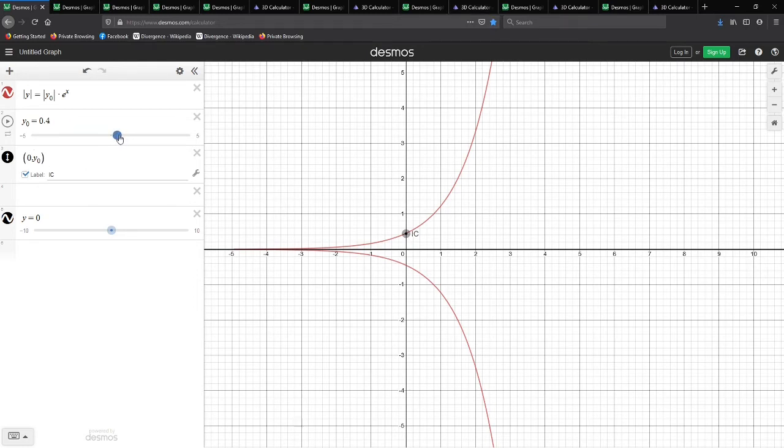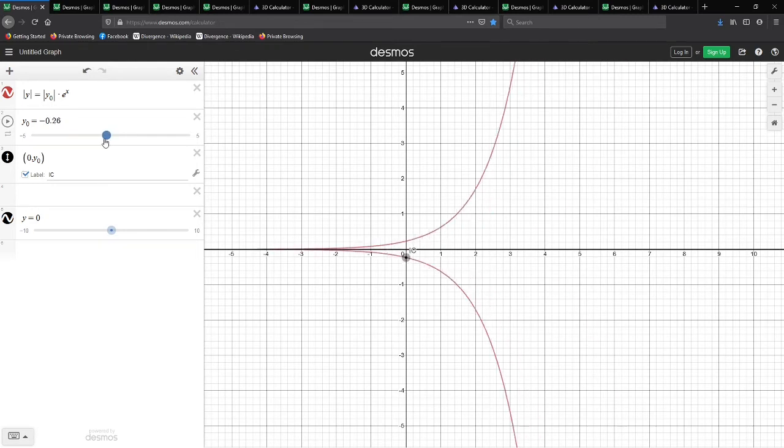If instead you have an initial condition in the orbit set from negative infinity to 0, which is from here to here, the solution is going to shoot off to negative infinity. And if we have an initial condition of 0, the solution is just going to be the constant y equals 0.